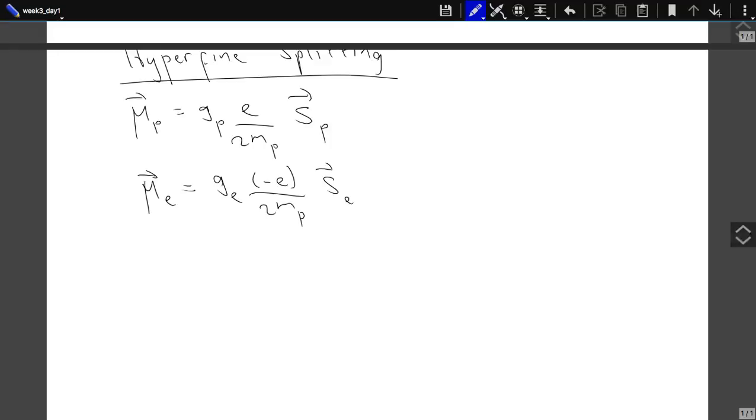Now the proton has this magnetic dipole moment, so it creates a magnetic field. And the magnetic field created by a dipole, okay, let me just look it up.